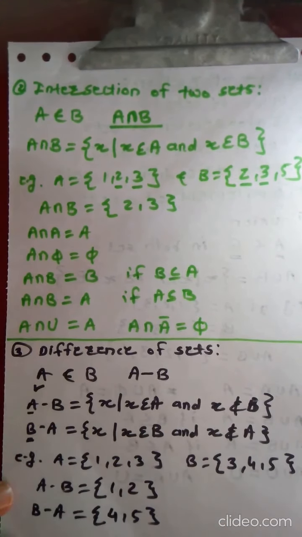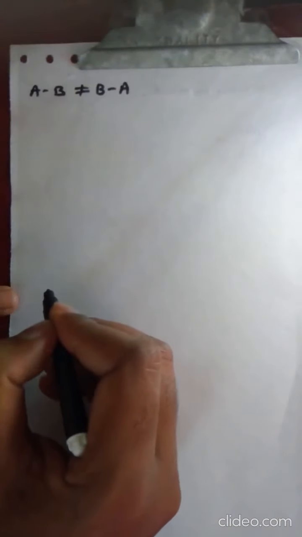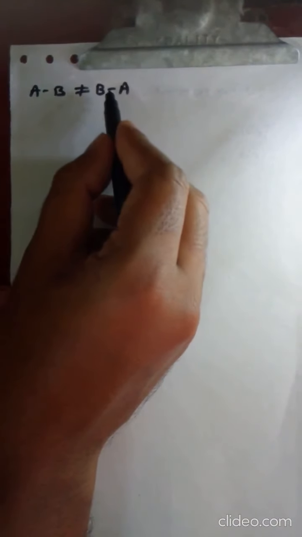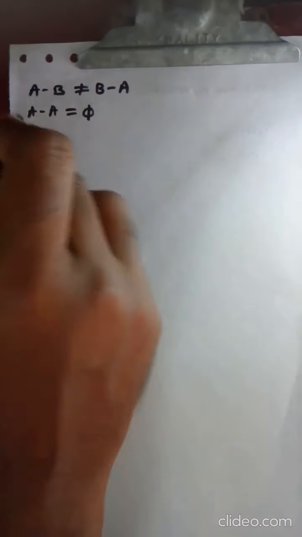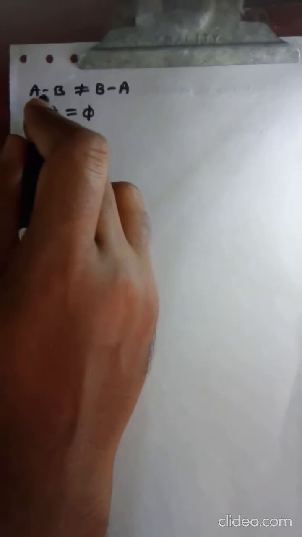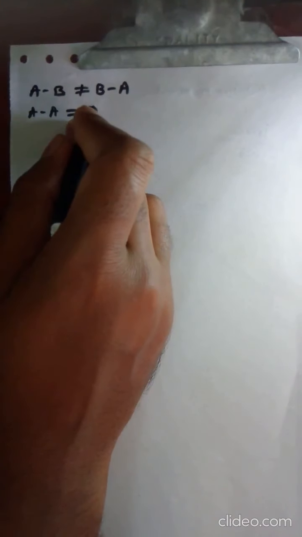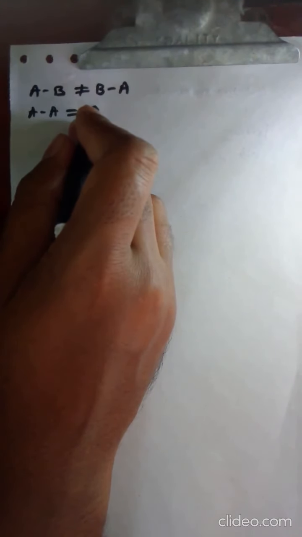Now there are some properties related to difference. A minus B is not equal to B minus A, right? A minus A is equal to the empty set, which means if a set is subtracted from itself, then the output is empty, that is, the null set.